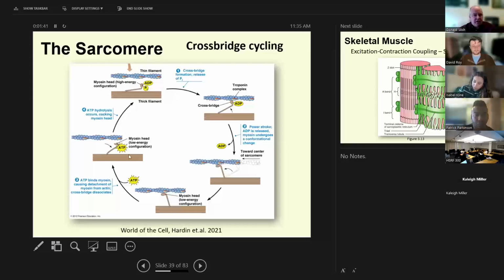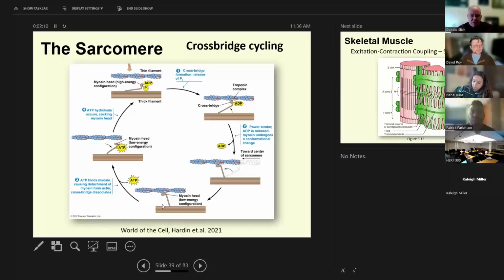So again, the myosin head picks up ATP, lets go of the thin filament, and then hydrolyzes it. It goes into this high energy conformation. When the phosphate comes off, it grabs onto the thin filament. When the ADP comes off, it then goes back to its low energy conformation. And in doing so, it pulls the thin filament and the muscle shortens.